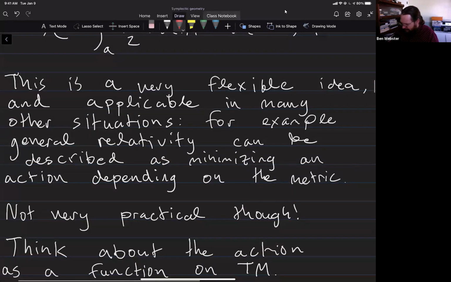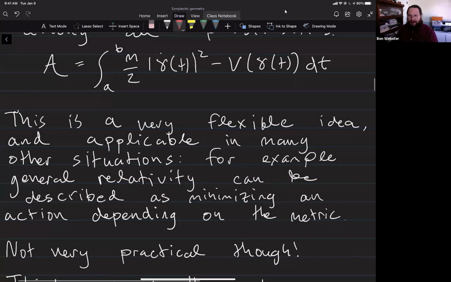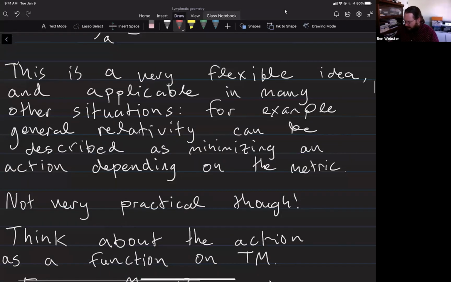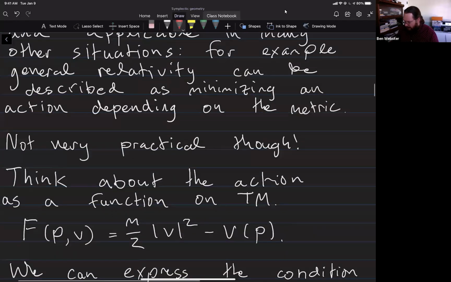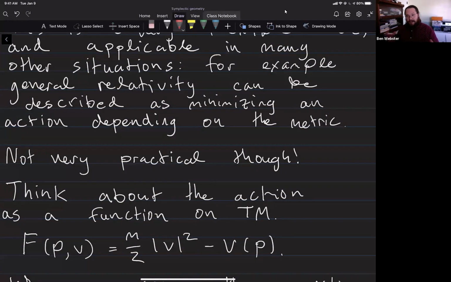All right. And it's maybe a little unfair to say this is not very practical, but when you think about it this way, in terms of all possible paths, it at least seems very impractical, right? I'm not going to be able to check every single path and figure out which one has the least action. There must be a better way to do this. And indeed there is. As I say, you can think about this action as a function on the tangent bundle, so it depends on a point and on a tangent vector.